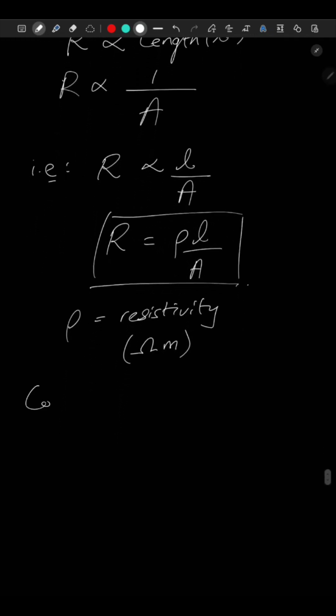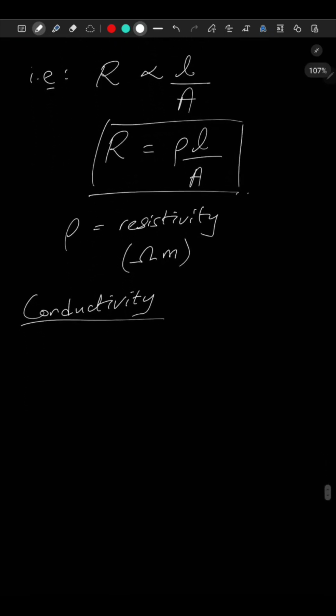Now, conductivity is defined using this symbol, and it is 1 divided by the resistivity.